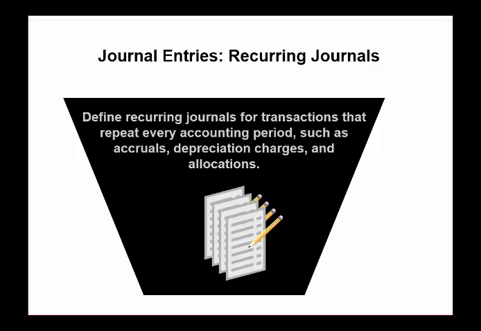So again, recurring journal entries are posted only once, and then they are repeated every accounting period. A very good example that's on the slide is depreciation. Irrespective of how many hours you have used the machine in a particular period, every month you say that the depreciation for the machine is X amount.